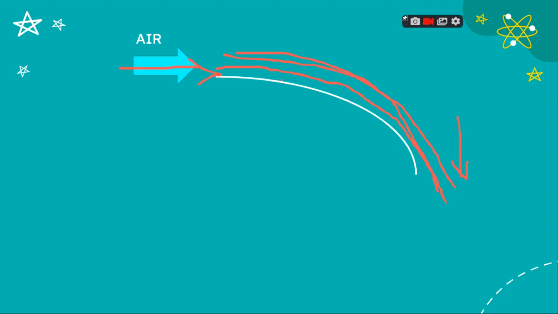That means that the curvature has pushed the air down, and the curvature pushing the air down is the action. Now we know from Newton's third law that every action has an equal and opposite reaction. So as much as the curved surface pushes the air down, the air pushes the curved surface in the opposite direction with the same magnitude or with the same effect, and this upward push is called the lift.